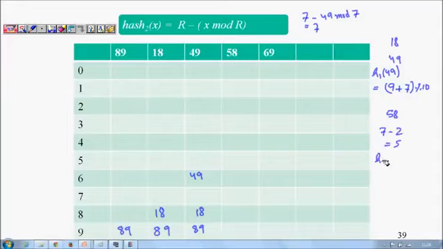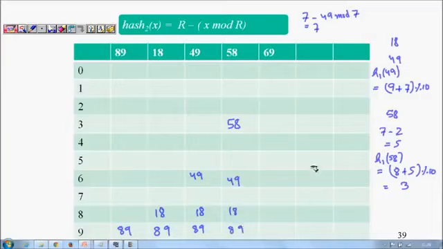So h1(58) will be (8 plus 5) modulo 10, so 13 modulo 10, which is 3. So 58 will go to cell 3.